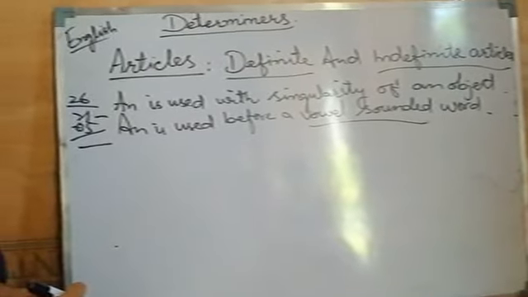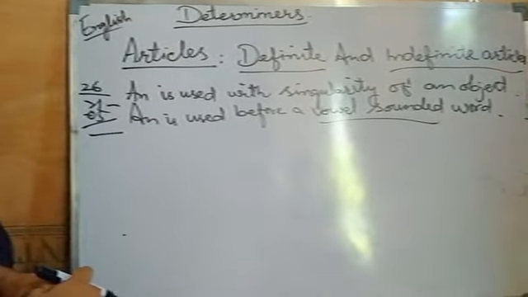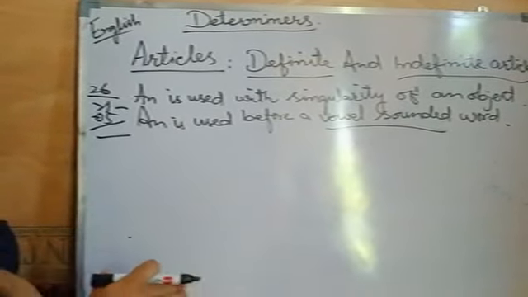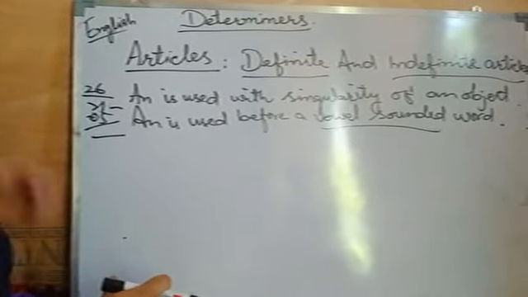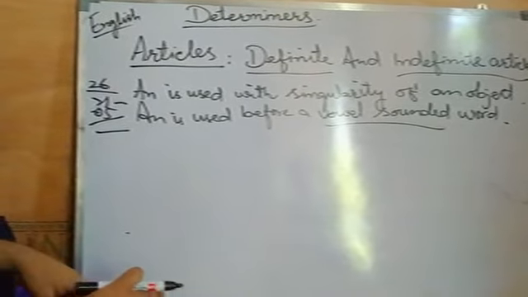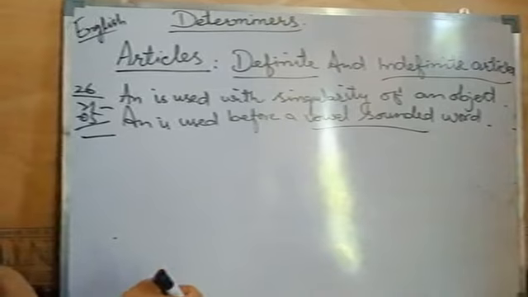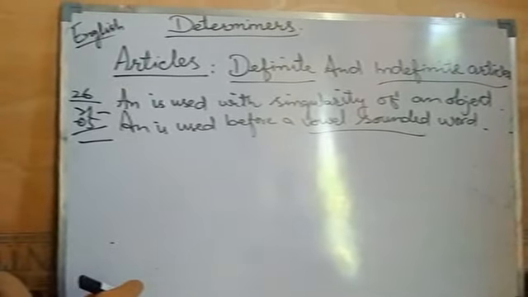C has no sound of its own. It exists, but it has no sound of its own. There are many such letters that we use, but they have no sound of their own.